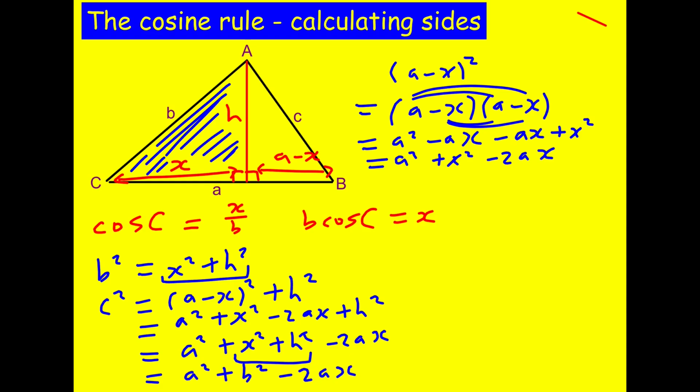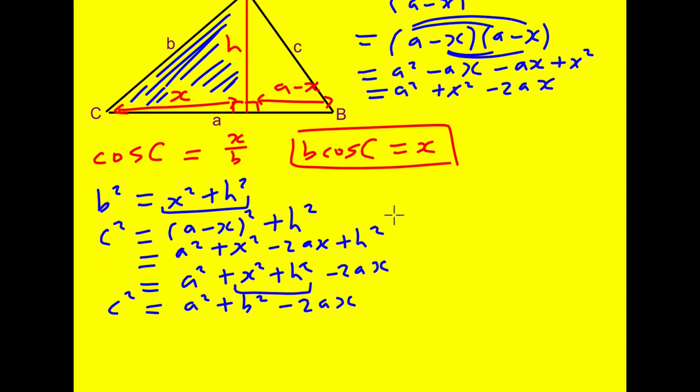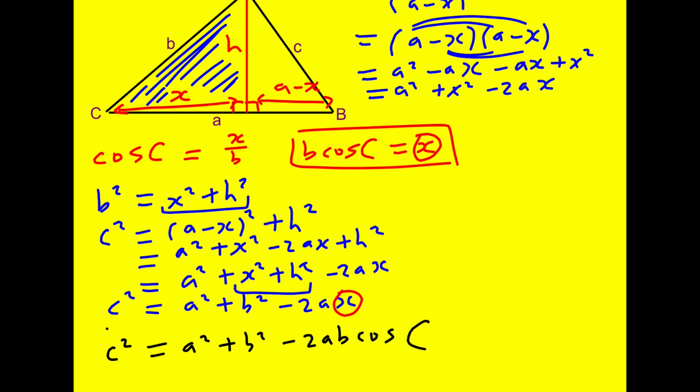And I've managed to eliminate h from the situation. I've just got x left in there. But I can get rid of it now, because I've written up here that x is actually b cos a. So the next line is going to be to replace this by this, but the thing on the left-hand side instead. So it's going to be that c squared equals a squared plus b squared minus 2a, and then I'll replace x by b cos c, and this is a useful formula.